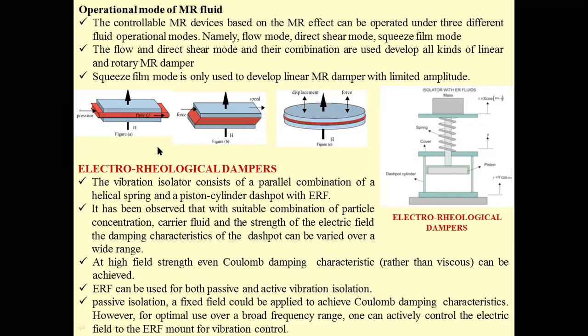In magnetorheological fluid, when we apply magnetic field, it changes the viscosity property of the fluid, and in electrorheological, these are smart fluids which change their viscosity by application of electric field.